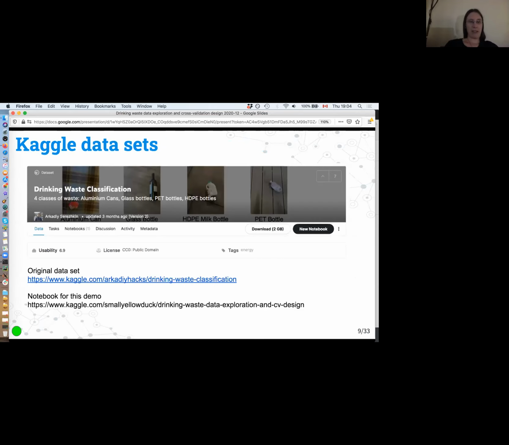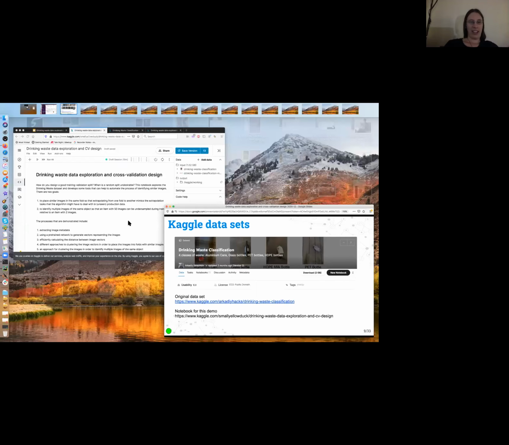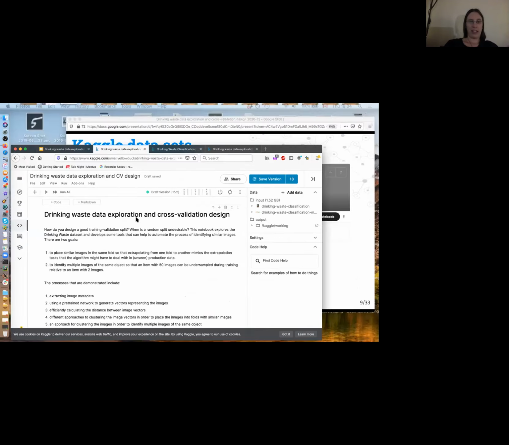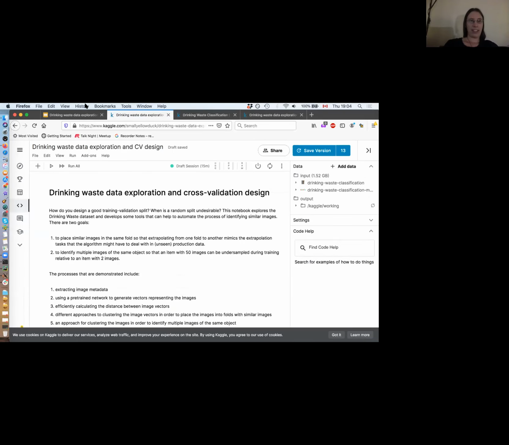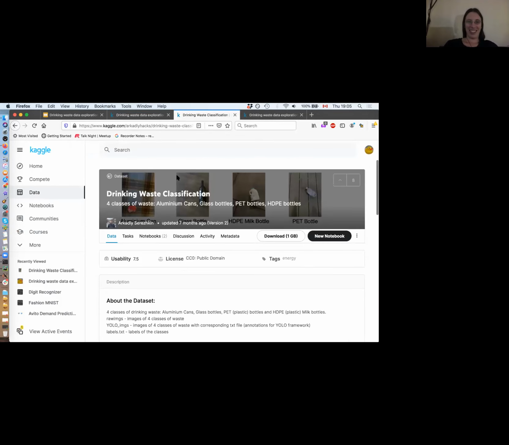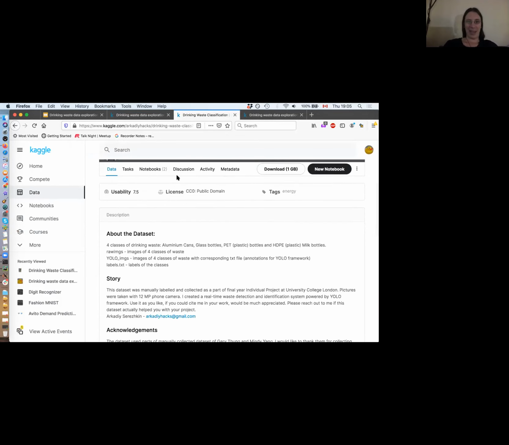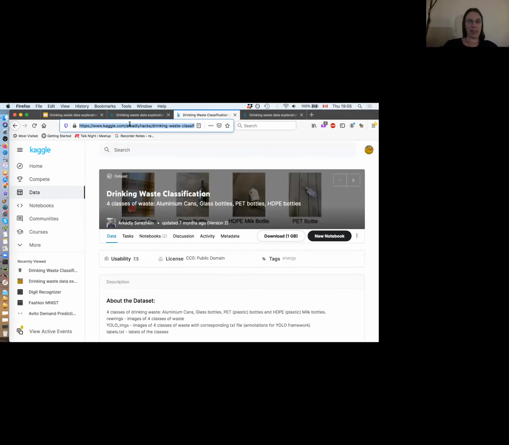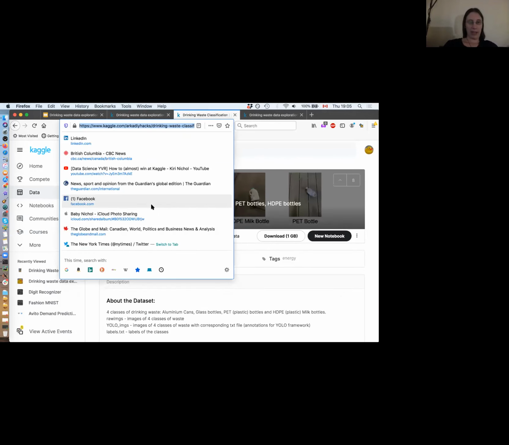Okay, so let's go fire up Kaggle and look at this data set page here. Sorry, I have the little Zoom tab which is covering up part of my screen, and I have to move it so I can get to the tab here. I'm actually just going to see if I can put this link in as well.